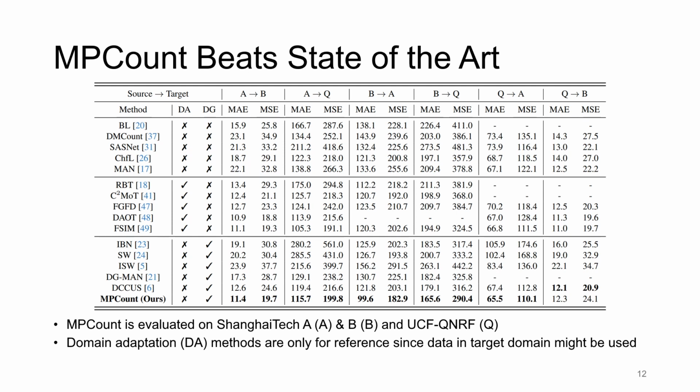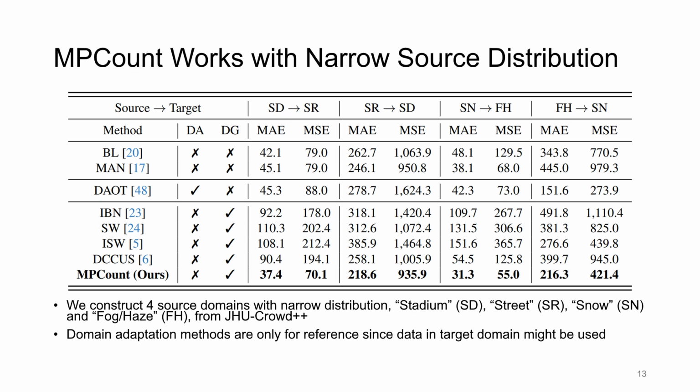Okay, so let's see the results of our MPCount. MPCount beats the state-of-the-art on traditional datasets like ShanghaiTech A, B, and UCF-QNRF. It even outperforms domain adaptation methods in some cases. And we also construct some domains with narrow source domain distribution.